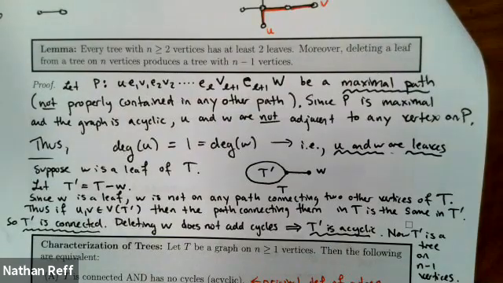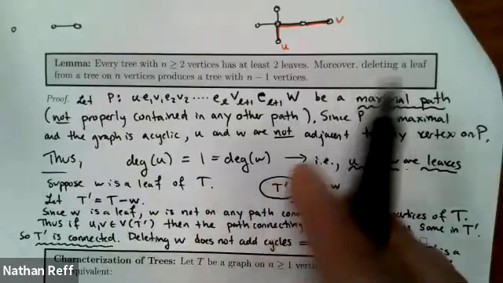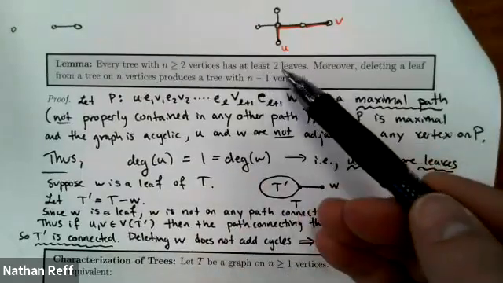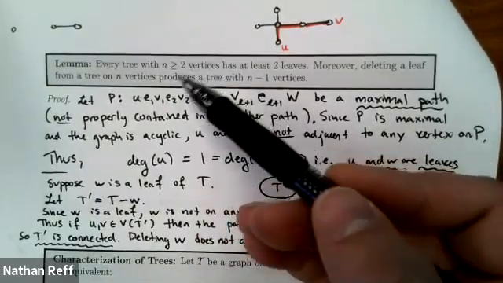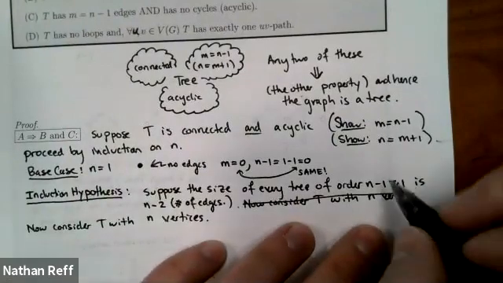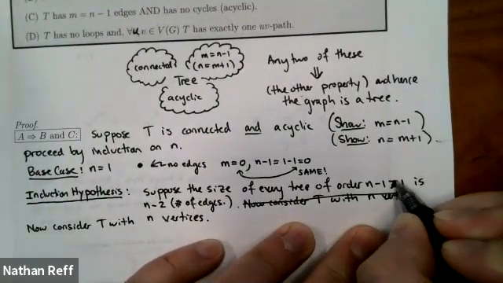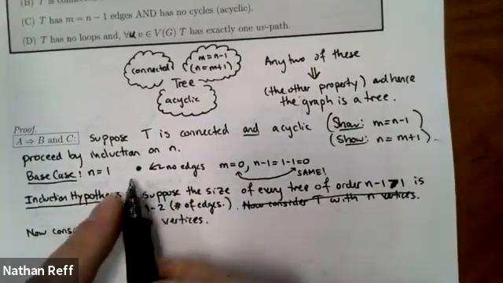Do you agree with this? And I'm guaranteed I have a leaf, because I should be careful to say that n is strictly greater than the base case. In the base case of 1, this thing has no leaves.